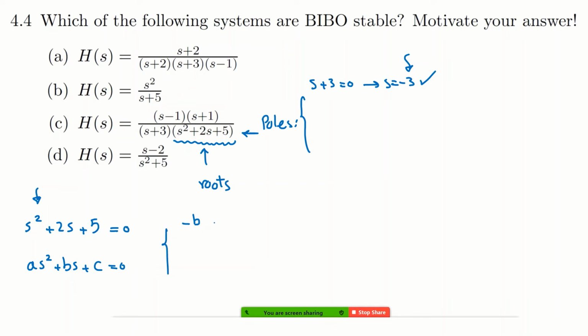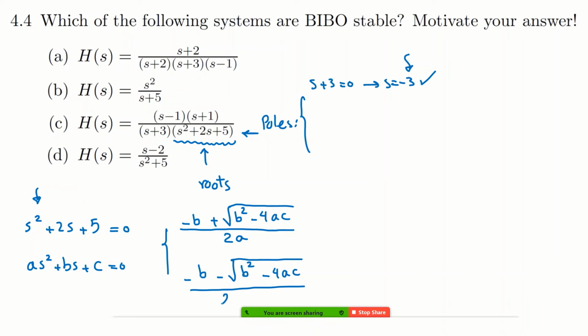One root is minus b plus the square root of b squared minus 4 times a times c, all divided by 2 times a. This is one root, and the second root is the conjugate of this, minus b minus the square root of b squared minus 4ac, all divided by 2a.